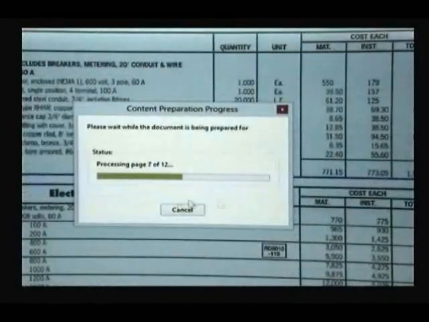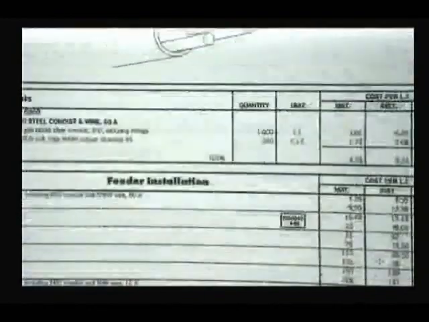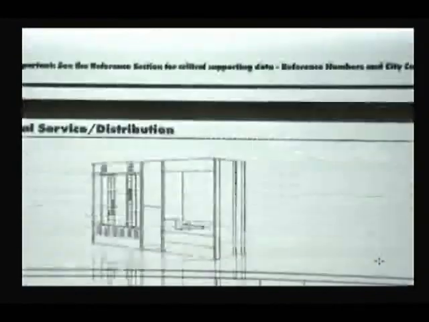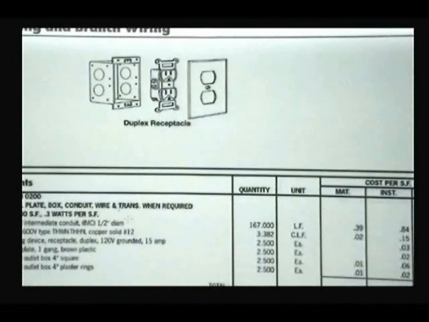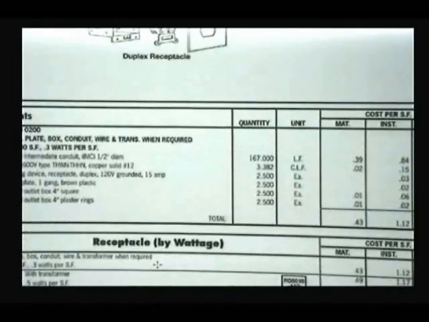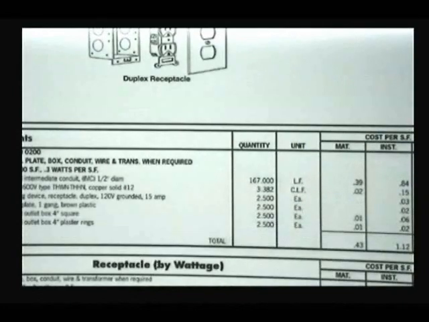Service distribution. Lighting and branch wiring. So this is the area where we can use to estimate our electricals.